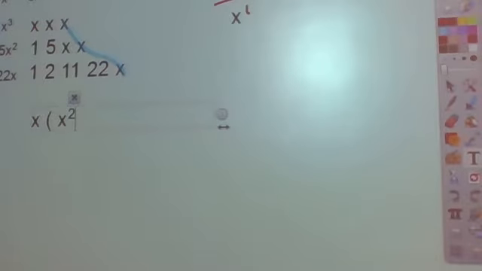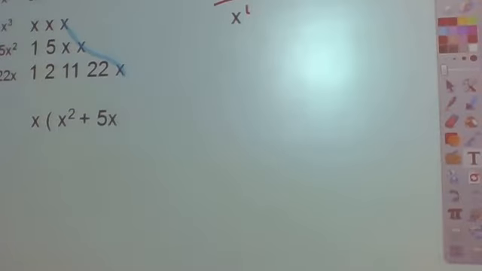Plus, what's left? My number doesn't change because I didn't pull out a number, so it's just 5 left over. And then what's x squared divided by x? x to the first power.